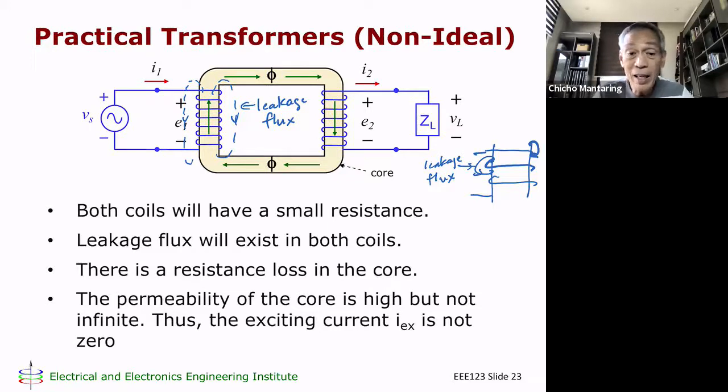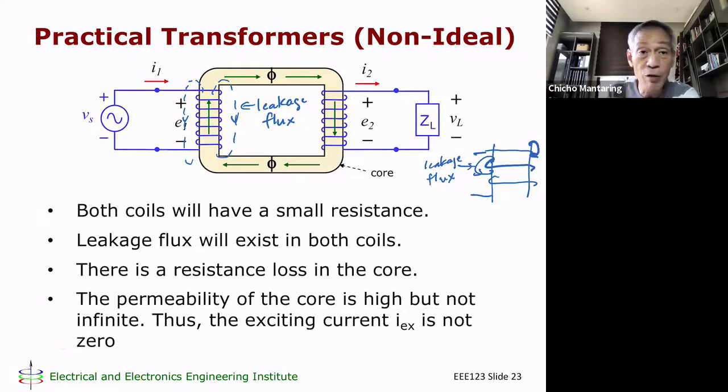It is high, but it is not infinite. Therefore, you need a certain excitation current. A part of I1 is needed to cause the flux to flow. In other words, not all of I1 will come out in I2, or contribute to the flow of I2. Part of it will contribute to the flow of the flux.